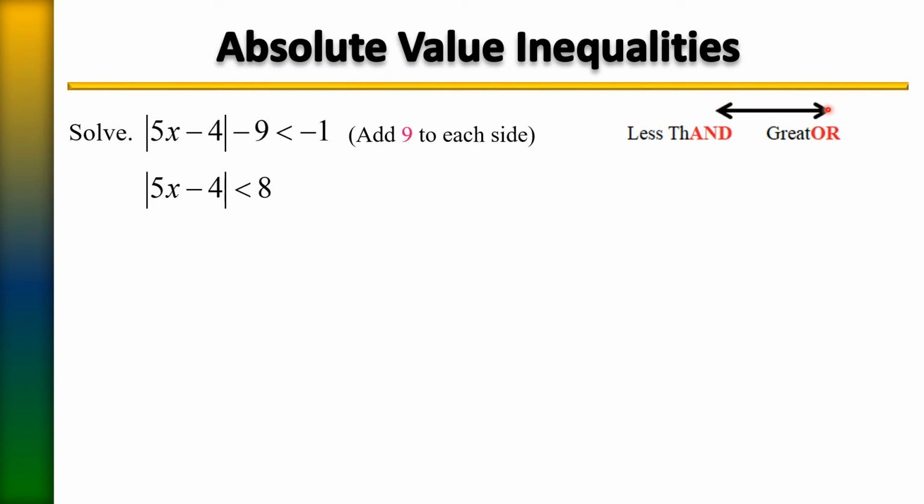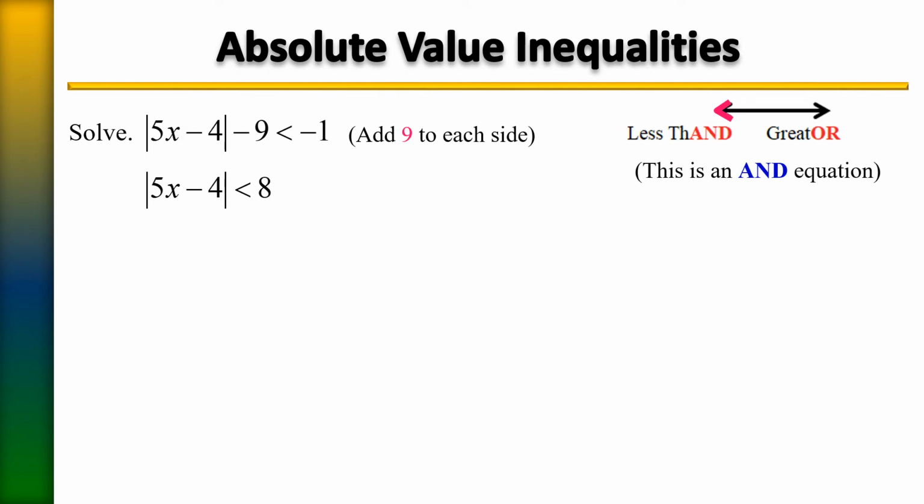The right side is greater. See the "or" in the greater, and see the "and" in the less than. So if we look at the symbol in this problem, it looks like the arrow on the less than end. Therefore, this is an "and" equation.